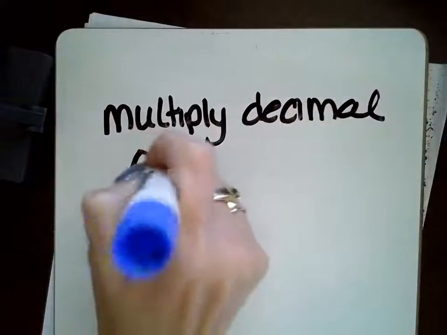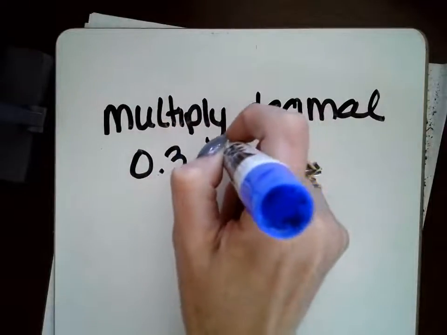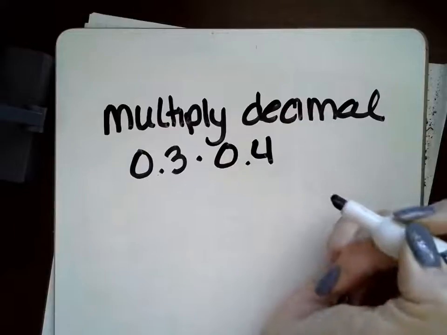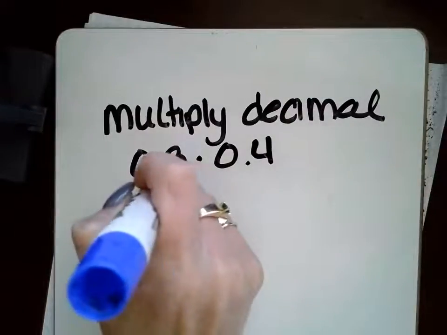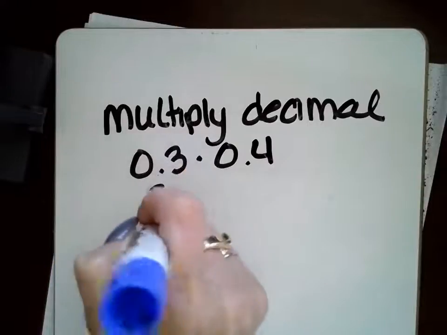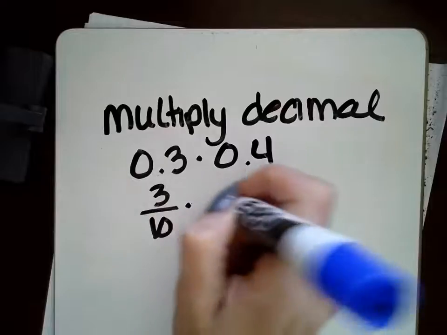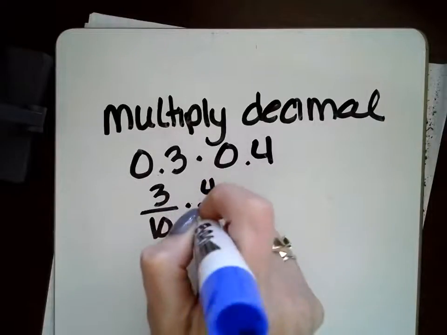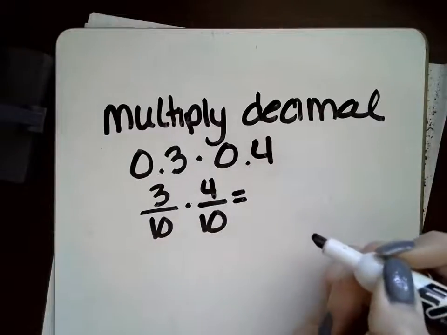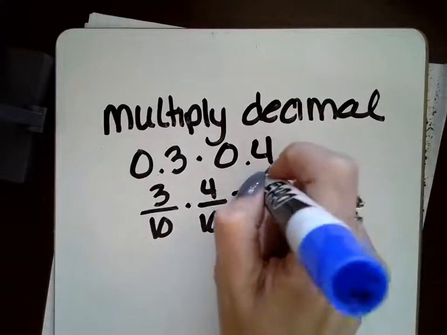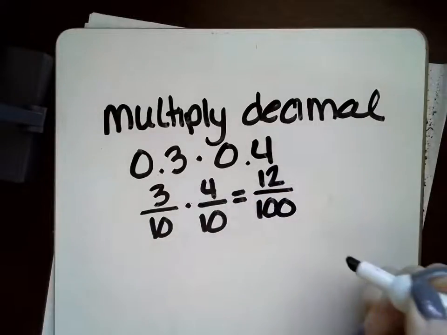So if I wanted to take 3/10 and multiply it by 4/10, just want to show what's happening here. If I wrote this as a fraction, 3/10, because it's in our tens place, times 4/10, because the 4 is in our tens place. Remember, multiplying fractions, we multiply across, so we're left with 12 over 100.